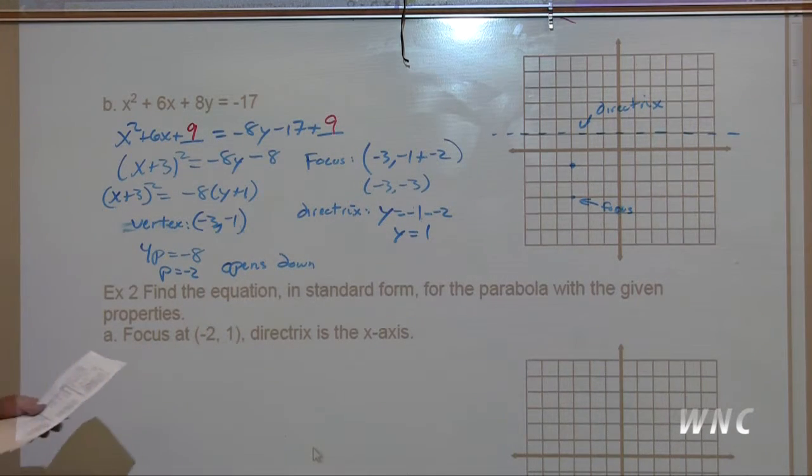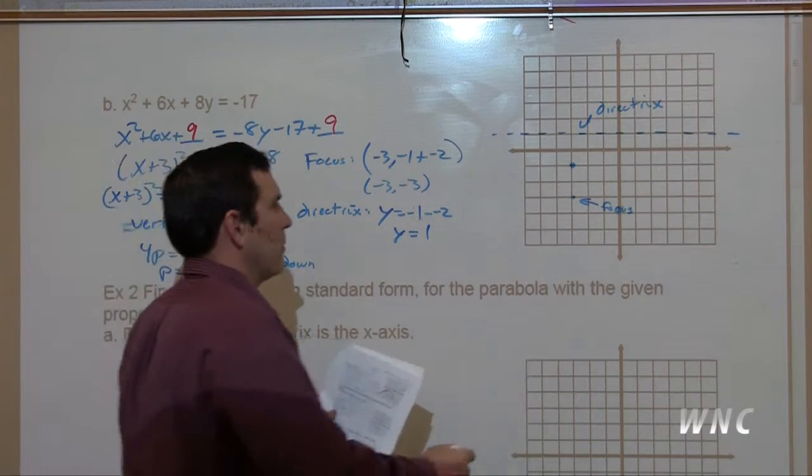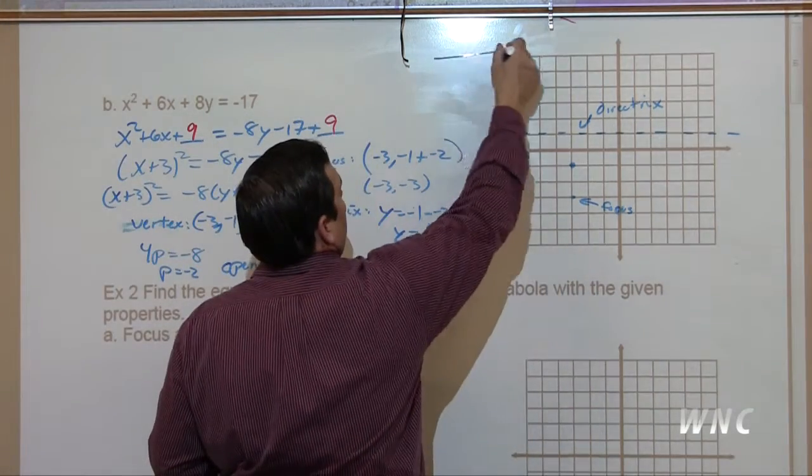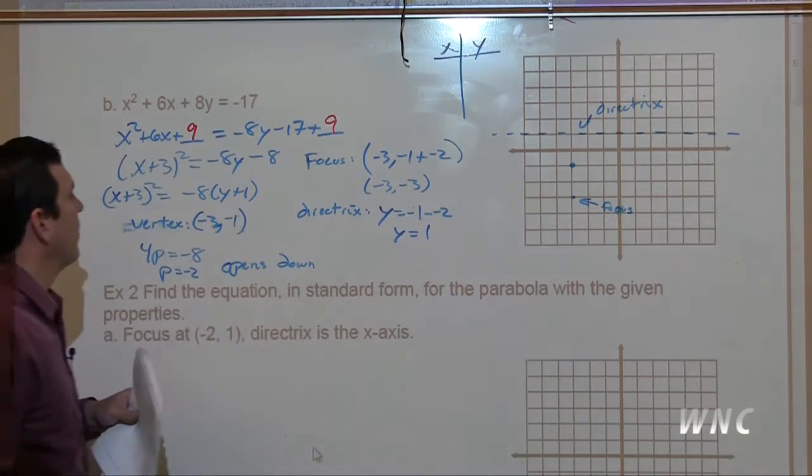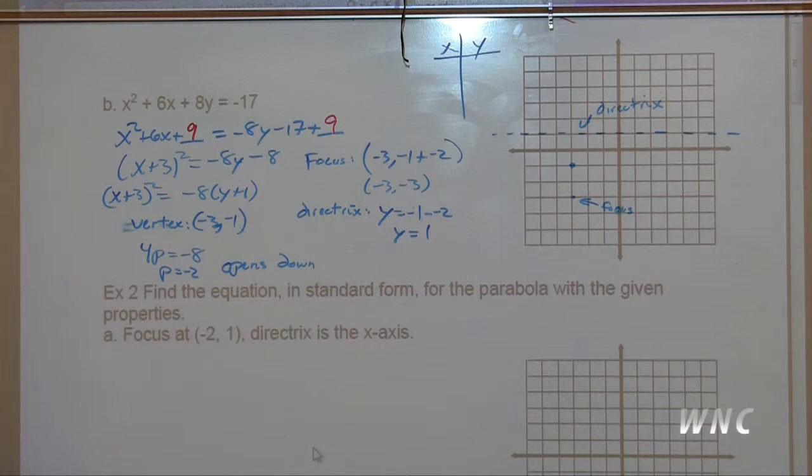Let's get some points and we can graph this. Let's see here, what points we should go with. At negative 3, we already know what that's going to be.